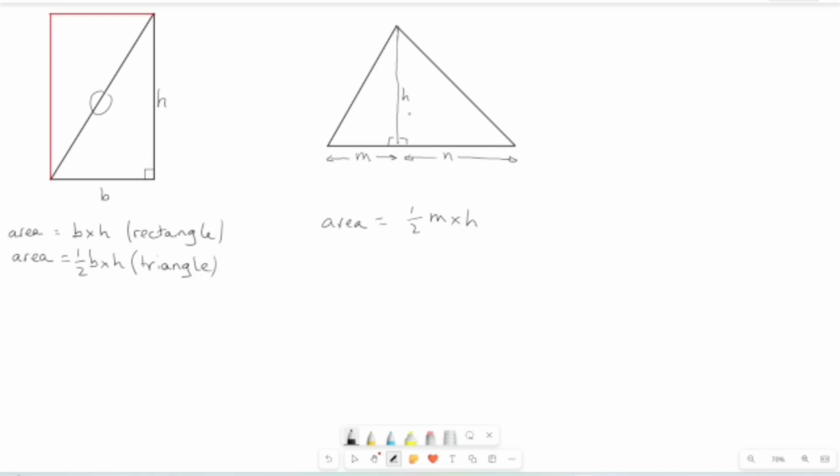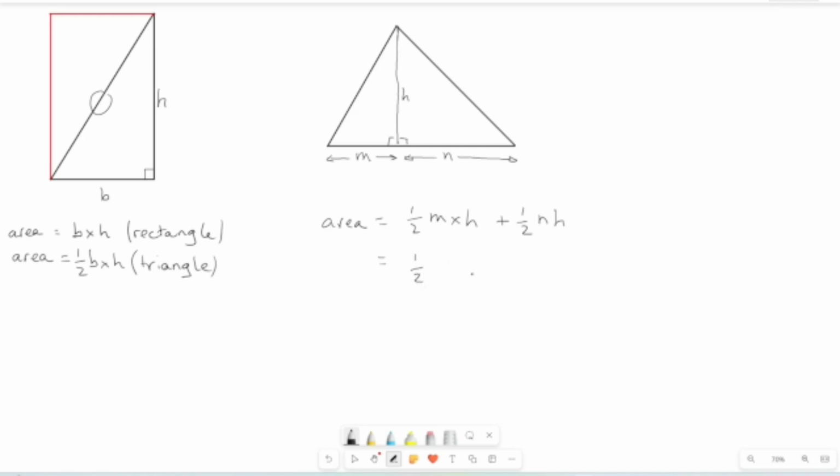And then for the right hand triangle, we've also got 1/2, so we need to add this area, 1/2 the base of this triangle, which is n times the height, which is h again. And we can factorize this because they've both got 1/2 and h in each of the terms.